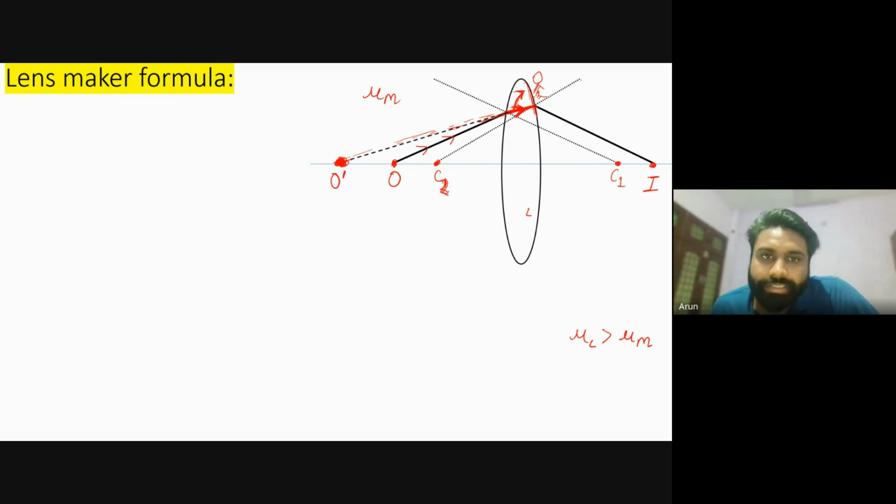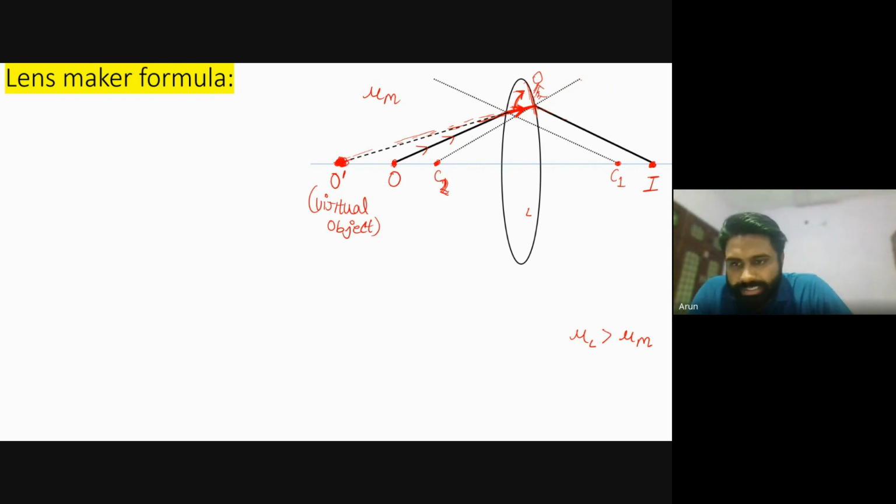So this point for this surface behaves as the virtual object. And again, this surface forms the image here after the second refraction. Got it? I hope you are clear with this. Let me re-explain it from scratch.